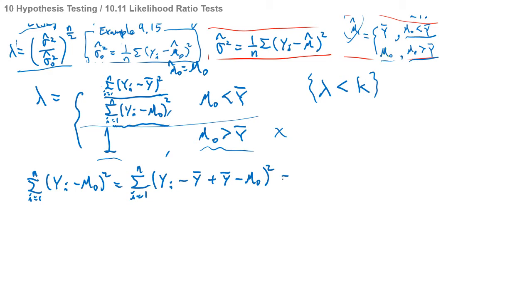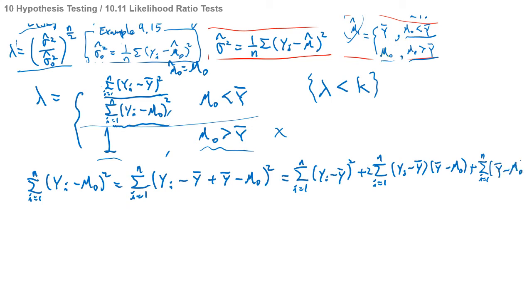And this one can be rewritten as the sum of i equals 1 to n of yi minus y bar squared, plus the sum of i equals 1 to n of 2 times yi minus y bar times y bar minus mu 0, plus the sum of i equals 1 to n of y bar minus mu 0 squared.